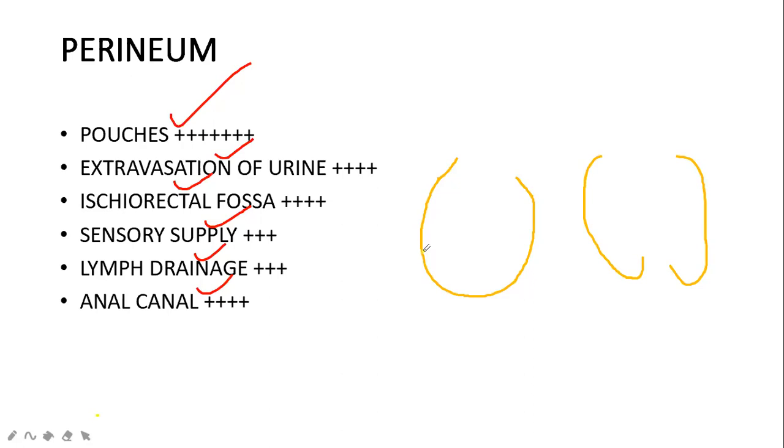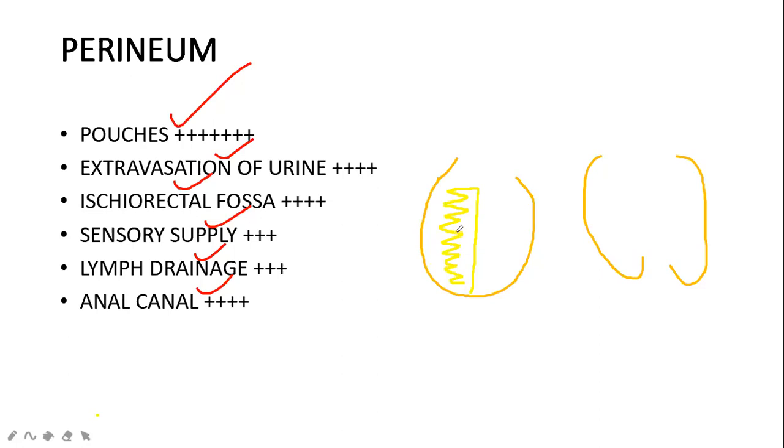For the scrotum, the skin of the anterior part is supplied by two nerves: the genitofemoral nerve and the ilioinguinal nerve.